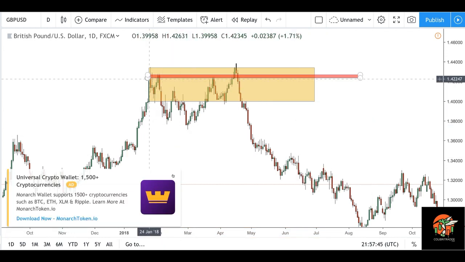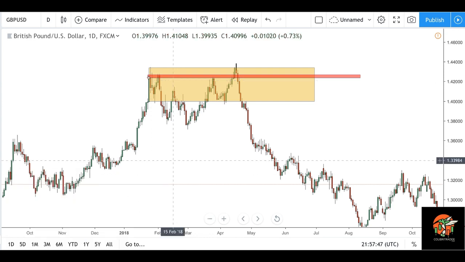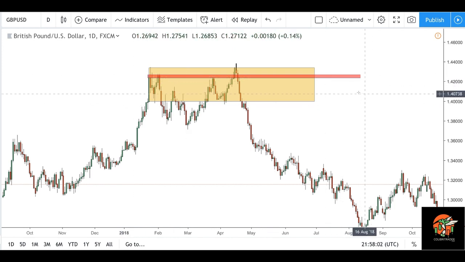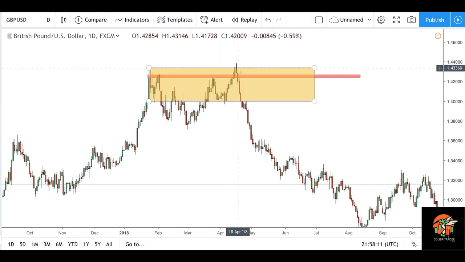I'm connecting the close of the green candle here with the close of the second candle, which is slightly higher than the previous one, and I'm extrapolating this line to the right on the chart. What I'm looking for, especially in this particular scenario, is to see the price closing somewhere above this red line, or the resistance area.